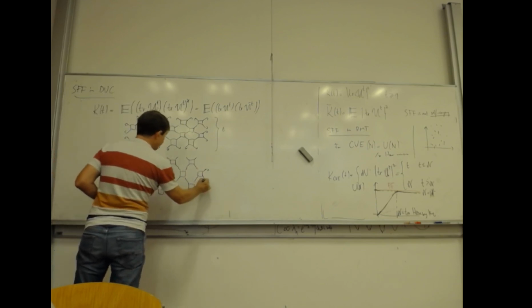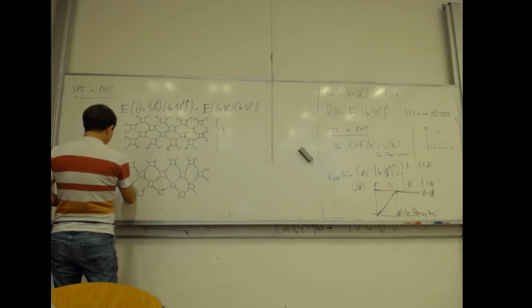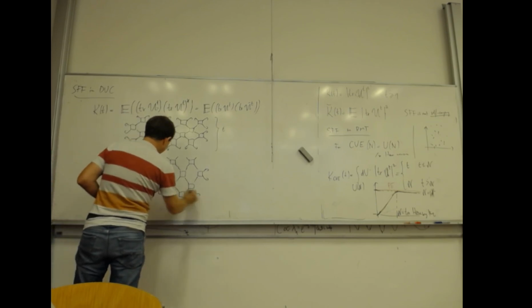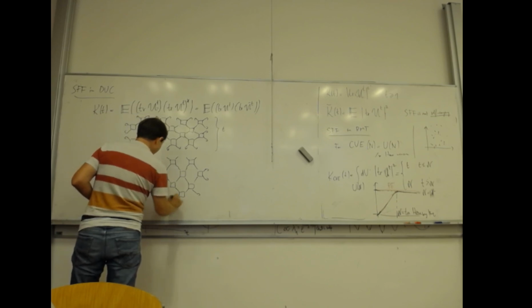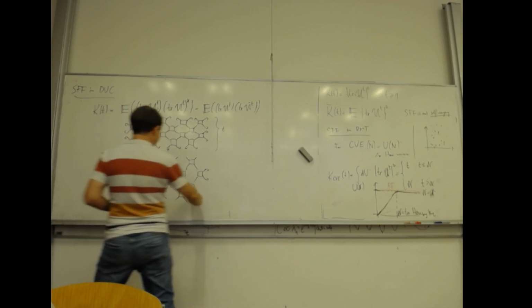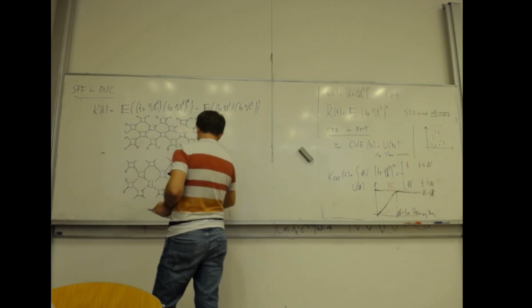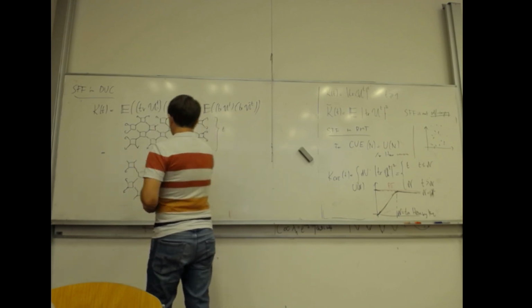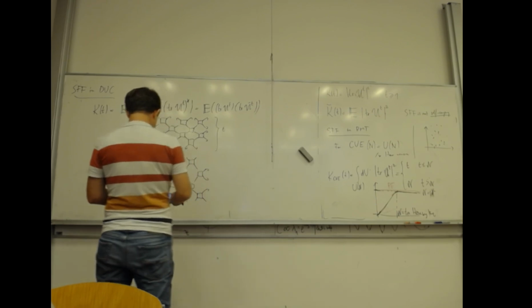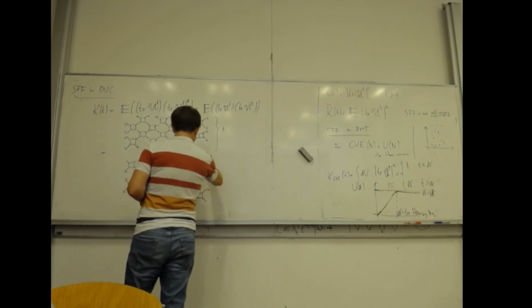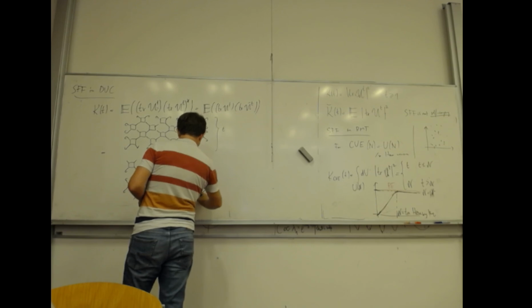This one, these are periodic boundaries, this one with this. This one with this. 1, 2, 3, 4. This one is with this. 1, 2, 3, 4, yes. Okay. This one is here.